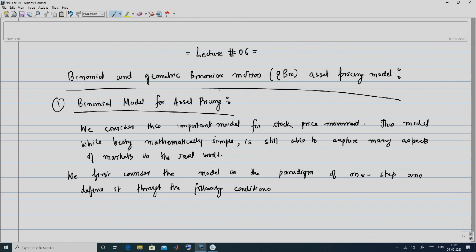So, before I start with the conditions, let me just say that we will basically look at some time points 0, 1, 2 and so on. So, these are just the index for the different time points. So, we start looking at the first condition.